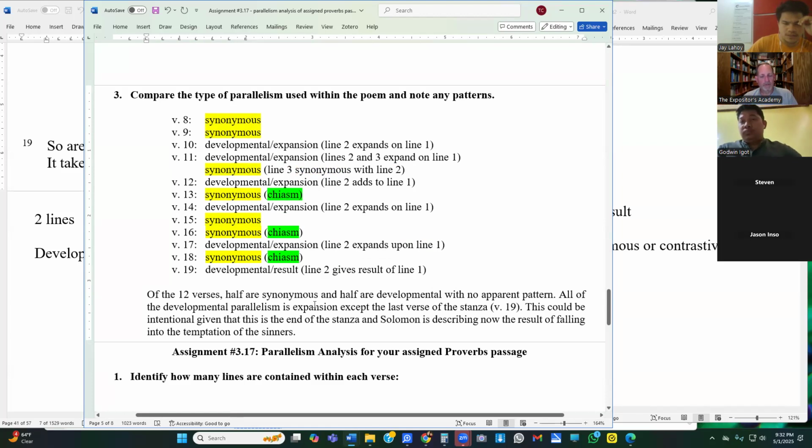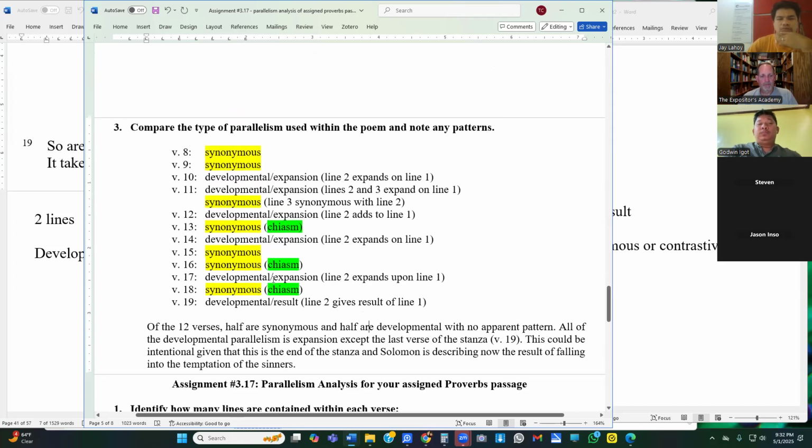Maybe not a pattern here. Often there's not, but sometimes you might see one. Okay, so that's the third step. And then you're done. All right, so this assignment is, I think, usually not as time-consuming as some of the other ones.